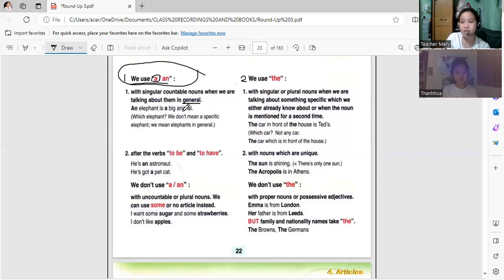Okay? So for example, a sampaguita is a flower. Where is the general word there?